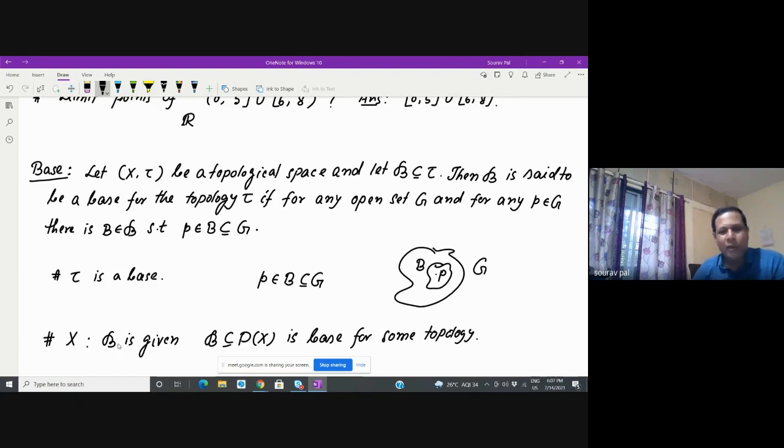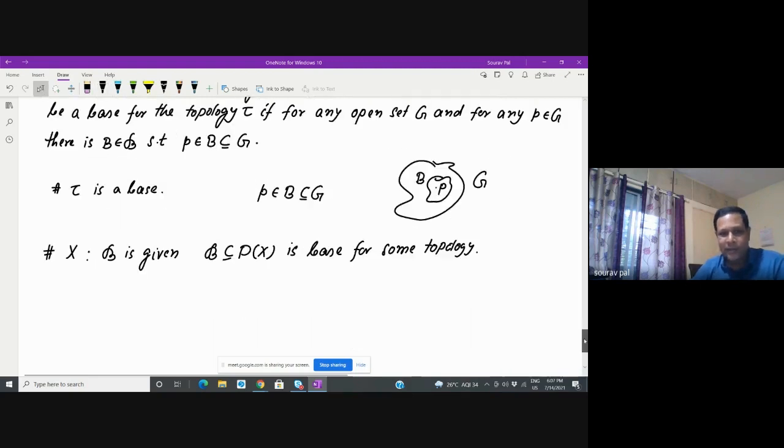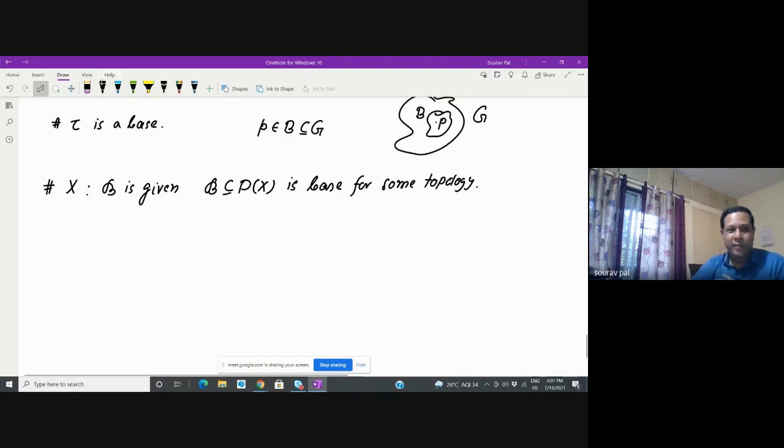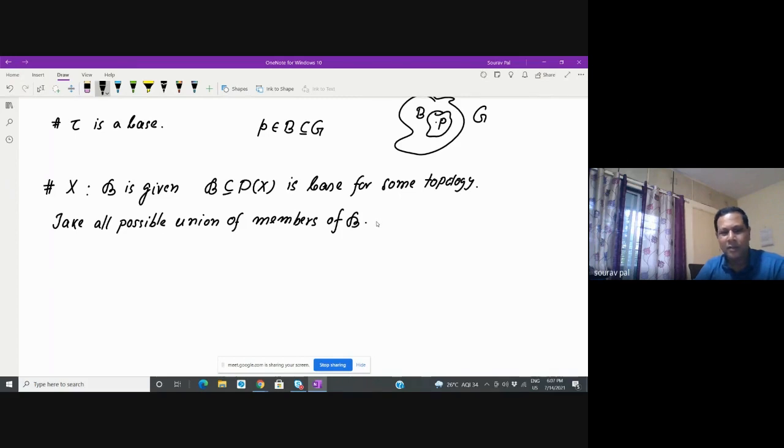You choose all possible unions from the members of the script B. You just take all possible unions of members of B, and then you can verify that it actually is a topology.